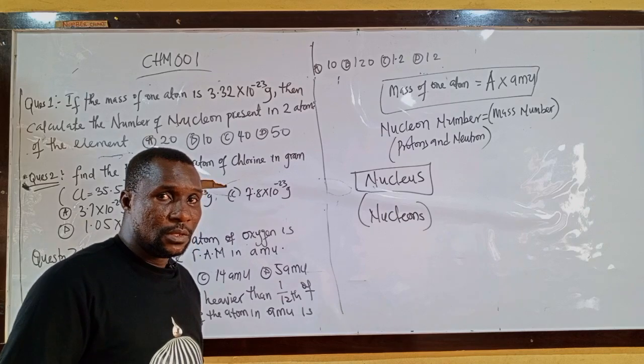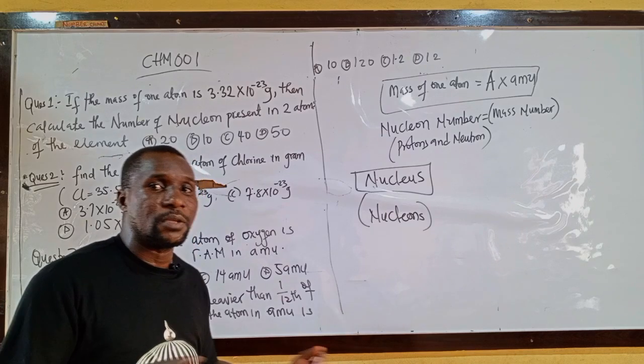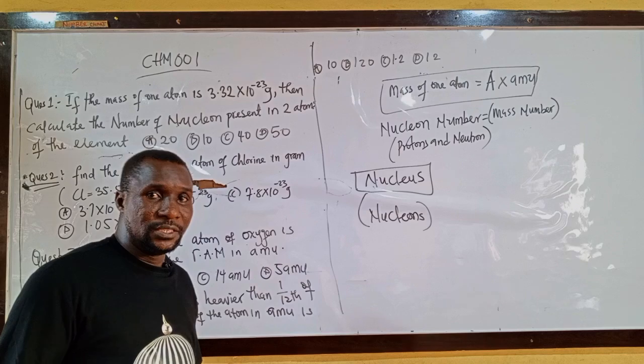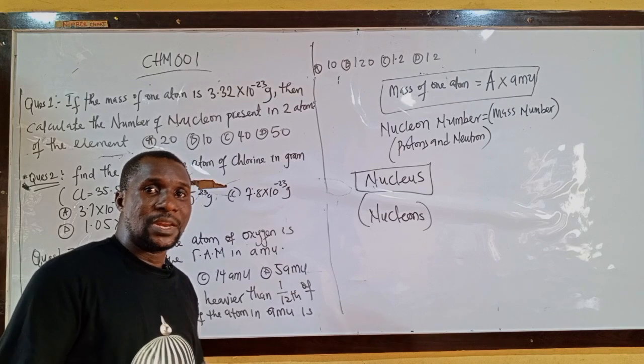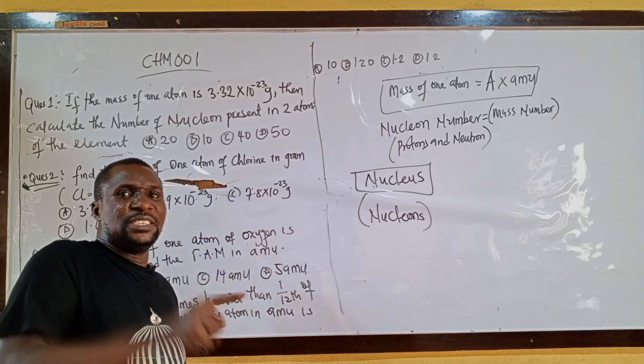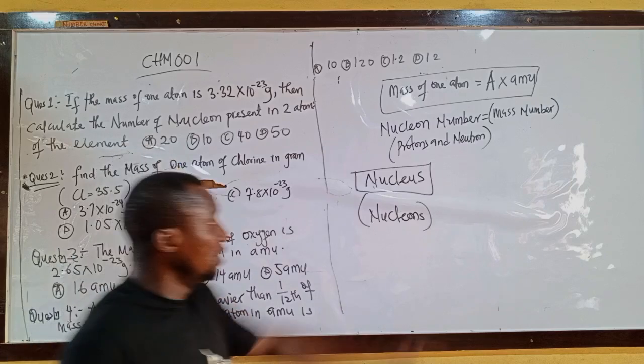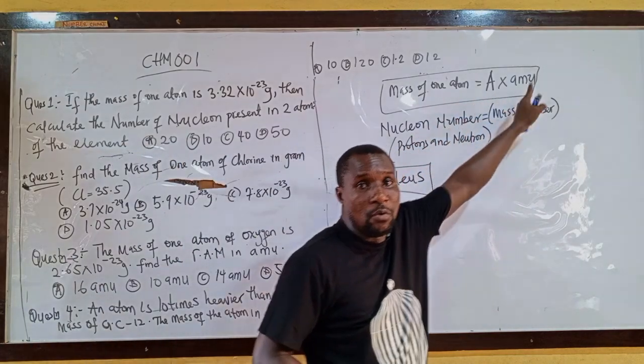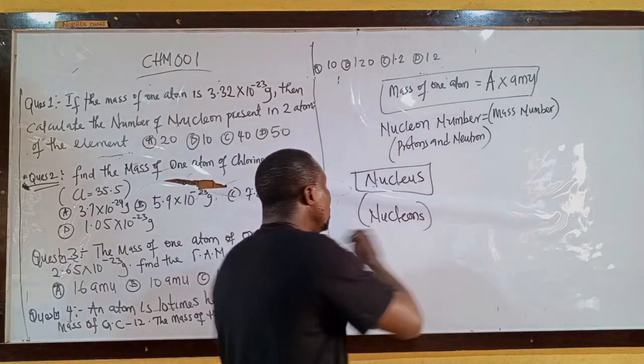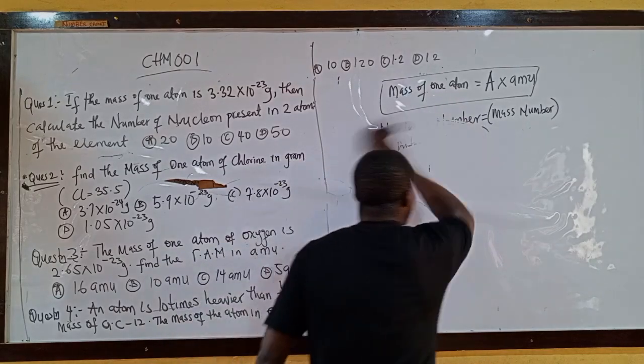So for oxygen, it is the mass number 16 multiplied by AMU. Let's look at these questions.